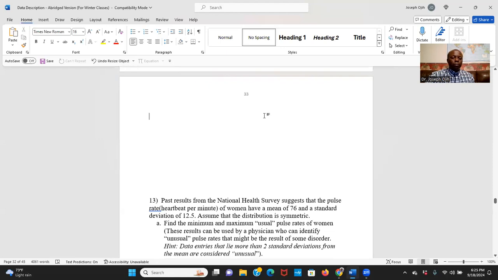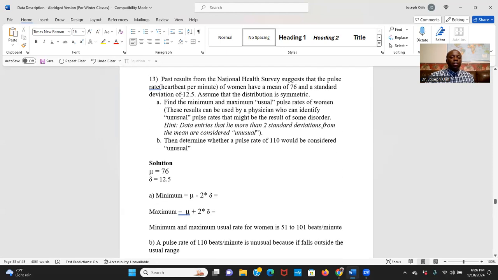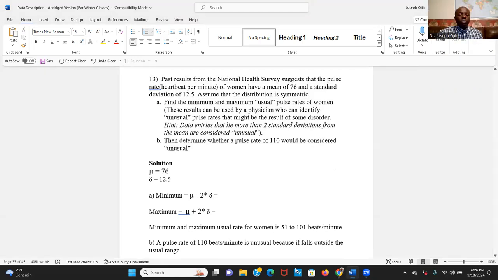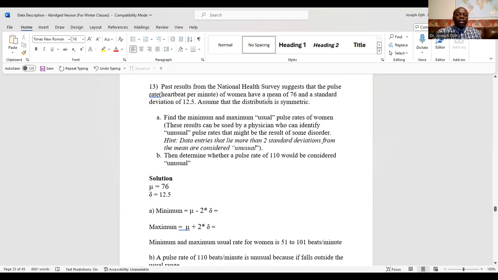Also, let's begin. Let's try the first example. The first example says, past results from the National Health Survey suggest that the pulse rate, when we say pulse rate, we mean heartbeats per minute, of women have a mean of 76 and a standard deviation of 12.5.